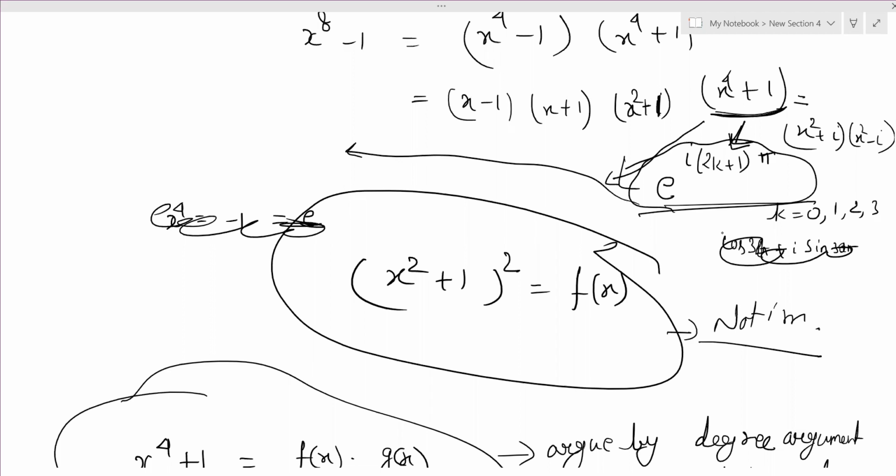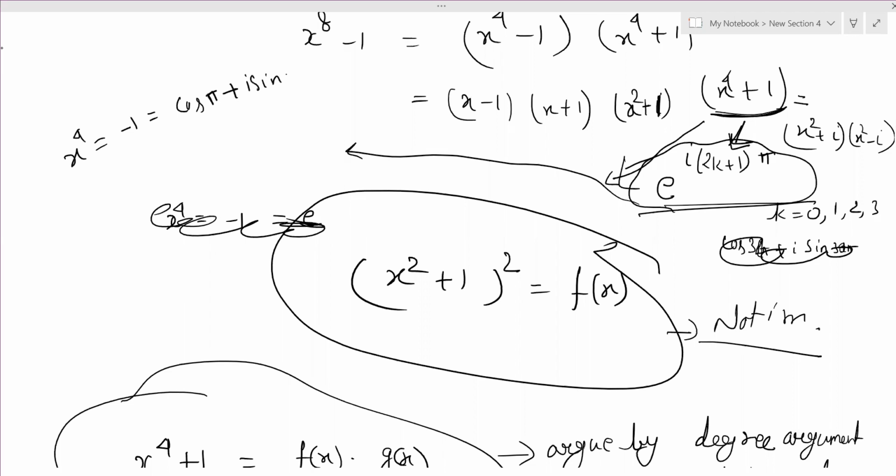So what is this? x to the power 4 equals minus 1. Minus 1 means cos pi plus i sin pi, correct?